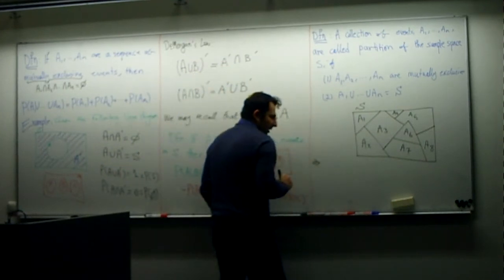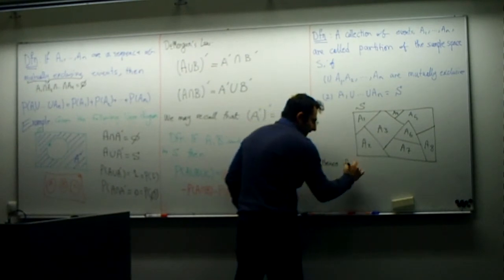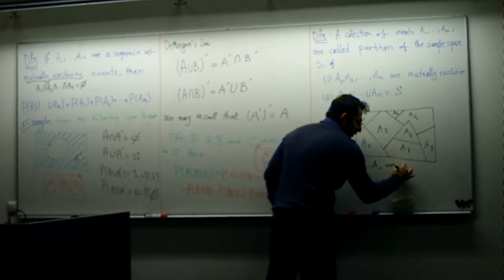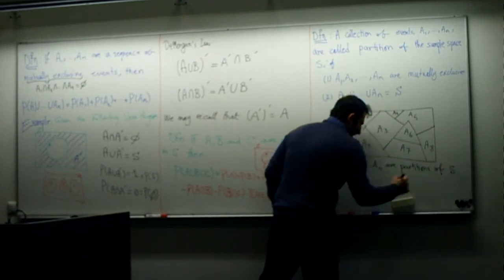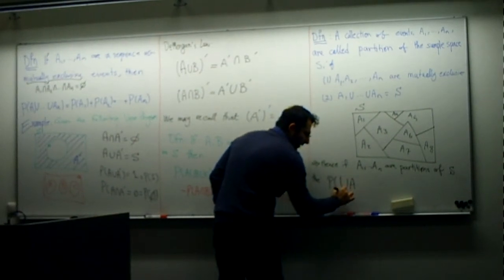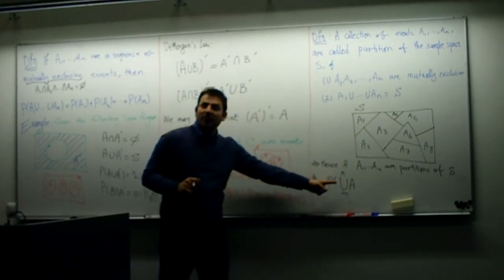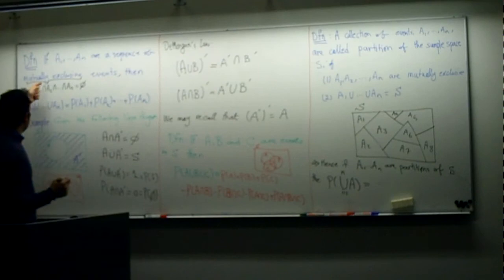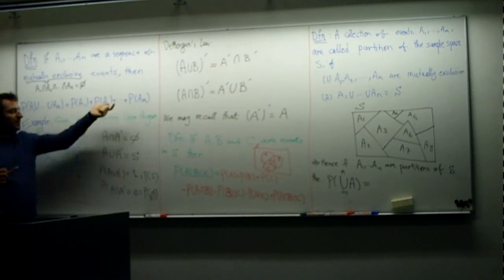So we have a corollary. Hence, if A1 till AN are partitions of sample space S, then the probability of the union of i from 1 till N, meaning A1 union A2 till AN, is equal to, we know that when they are mutually exclusive, the probability of the union of all is the addition of all the probabilities.